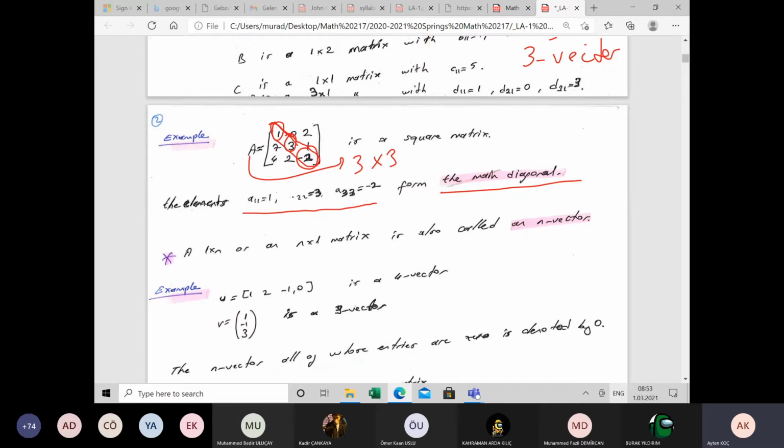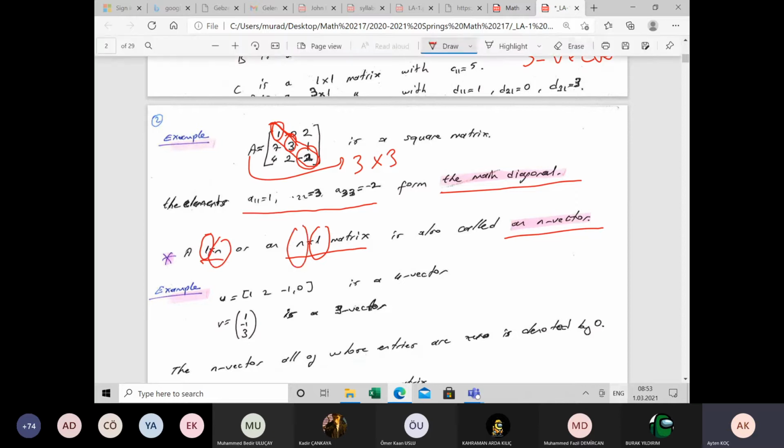If our matrix is 1 by n or n by 1, meaning it contains only one row or only one column, this is called an n vector. It's okay. An n vector, because it contains n columns or rows.